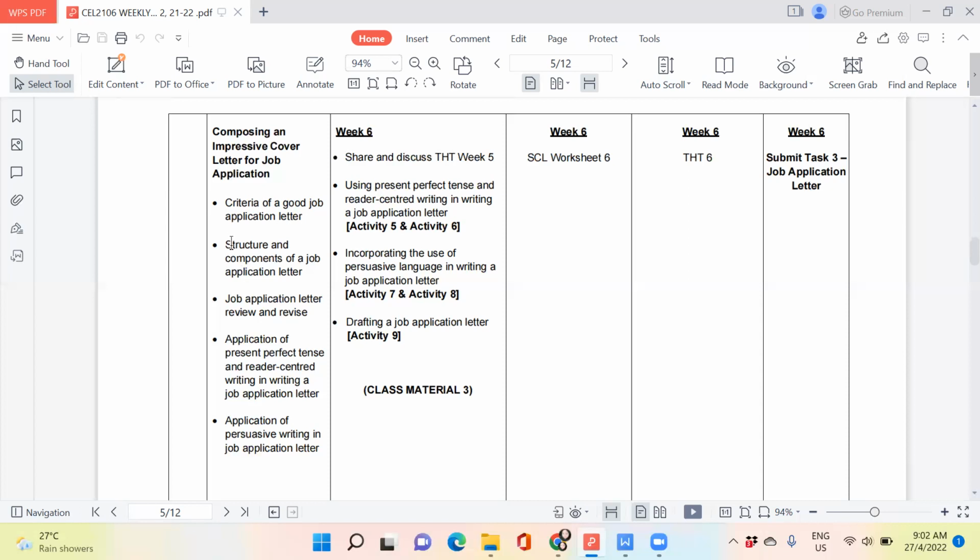Next, we looked at the structure and components of a job application letter last week, and then how to review and revise your job application letter, and then how to write your cover letter using present perfect tense or reader-centered writing. And last but not least, how to use persuasive writing in your job application letter. All right, so let's get to it.